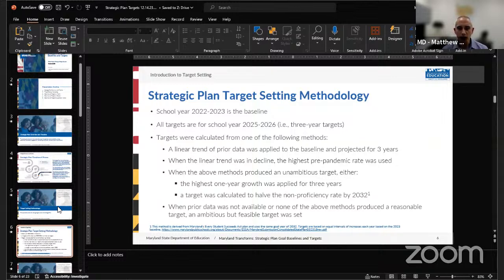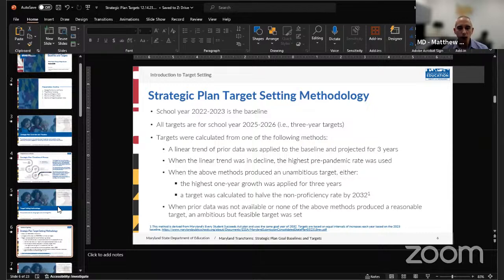Another case where the linear trend doesn't quite work is it might have produced an unambitious target. So say over 3 years, it only produced a 1 percentage point increase, and that's not something we should strive for. So the other way around that is we took the highest 1-year growth and we applied it for 3 years.